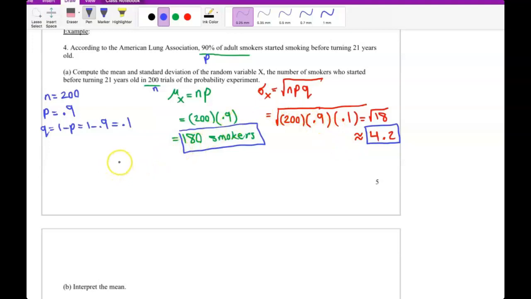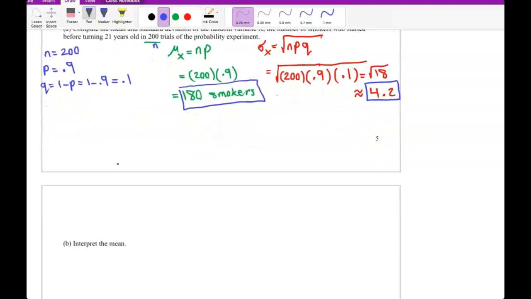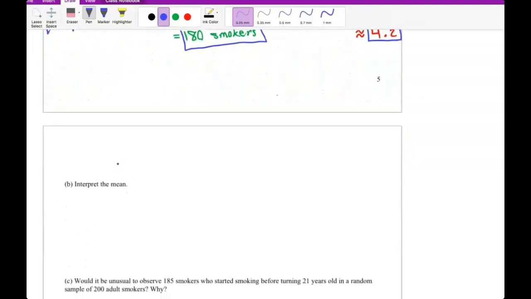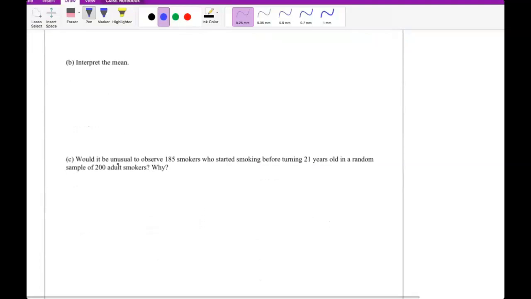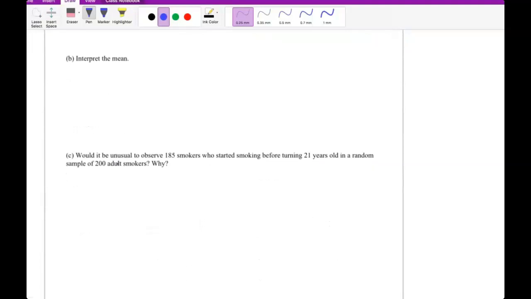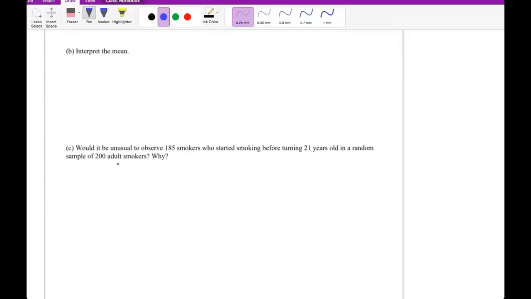Okay, then part B. Interpret the mean. So for mean, we got 180 smokers.